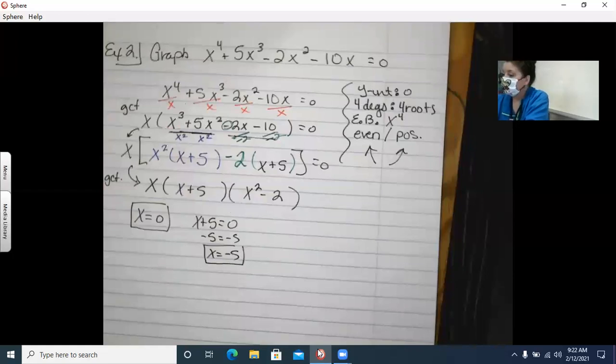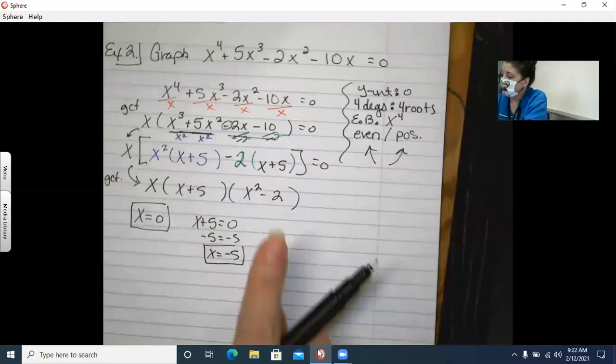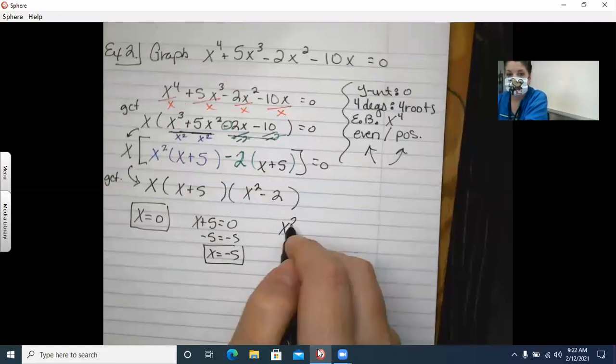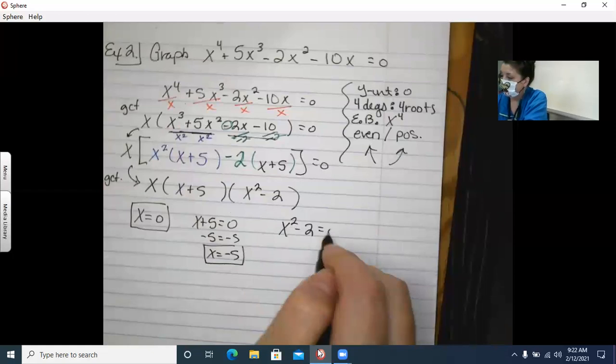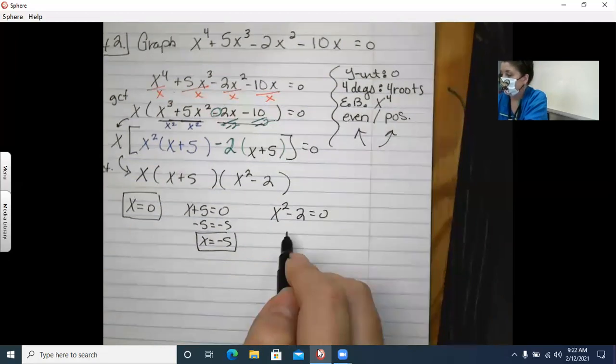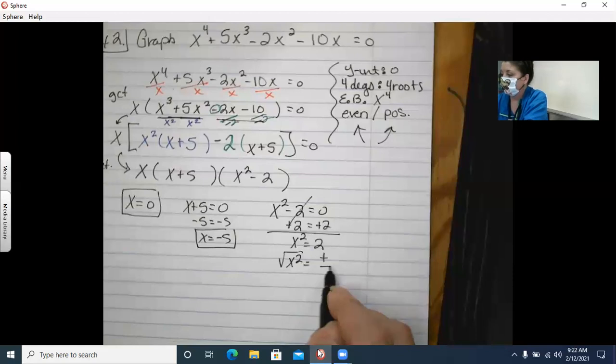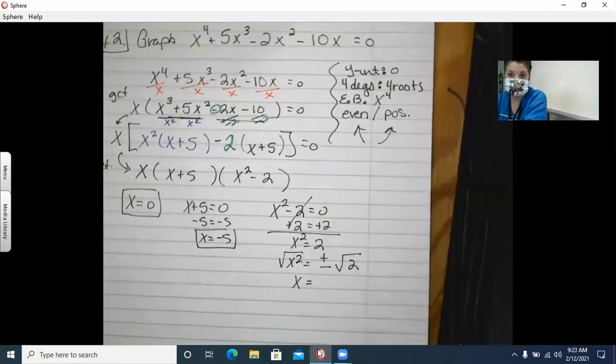How many solutions am I going to get from x squared minus 2? We already said 2 solutions. So I'm going to add 2 to both sides. X squared equals 2. Now what? Take the square root of both sides, and remember to take the positive and negative square root of 2. So x equals, is 2 going to give me an imaginary solution?